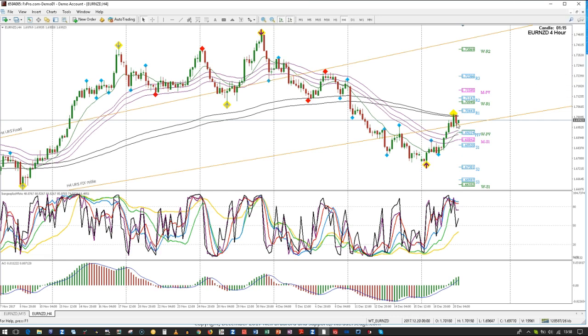But it has to go, and I'm not going short on a green candle, and I would need to look at the lower time frame anyway.